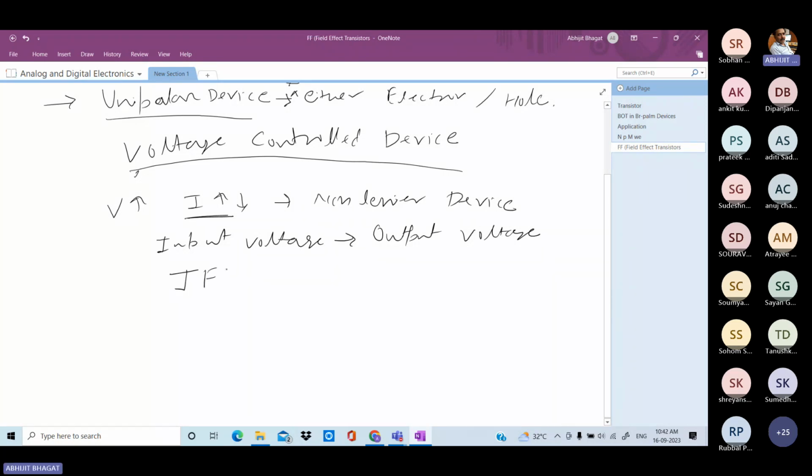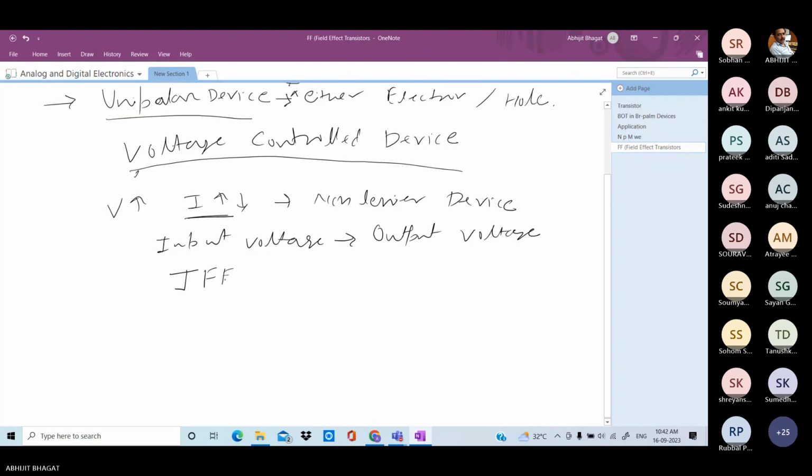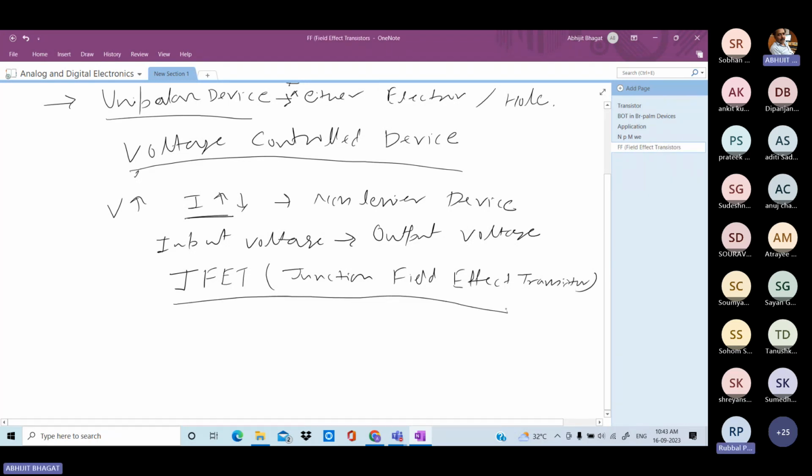FET is of two types. JFET, junction field effect transistor.